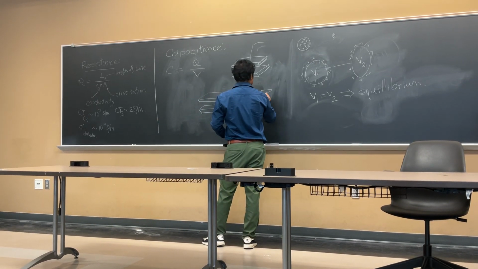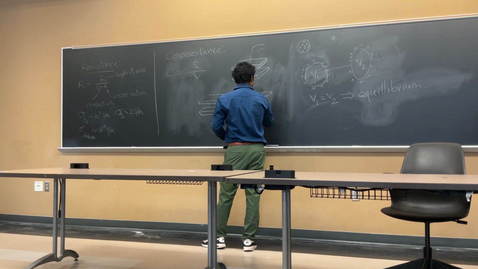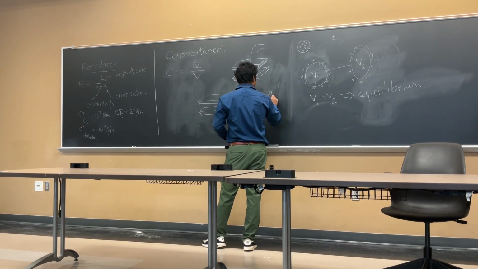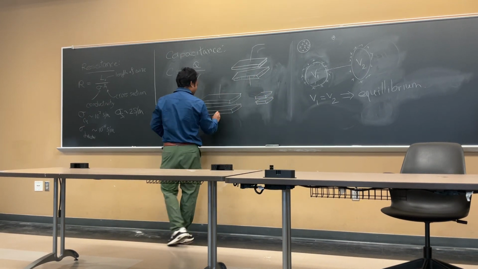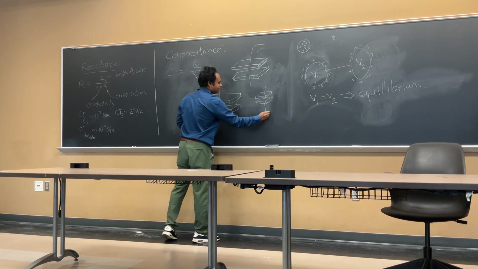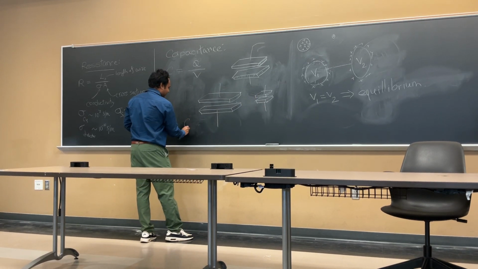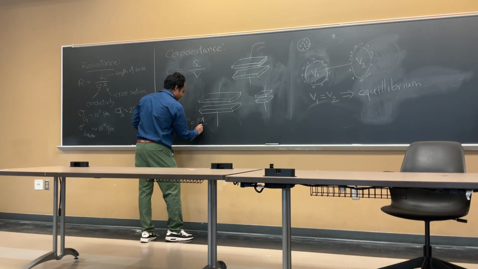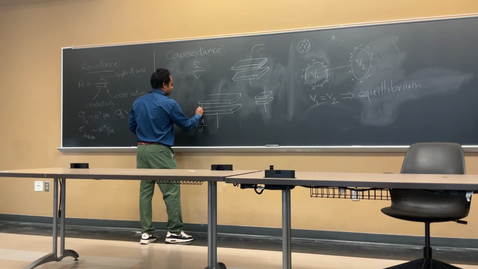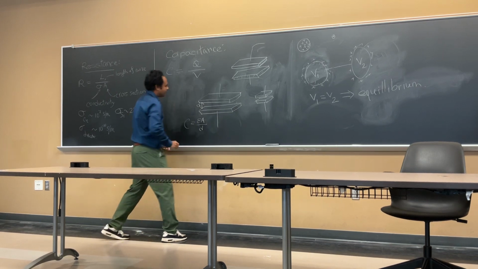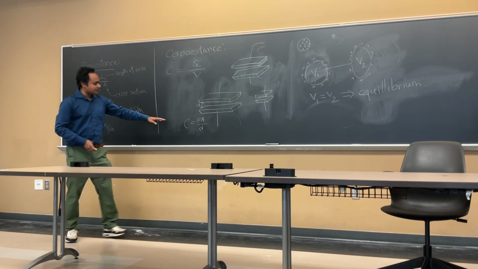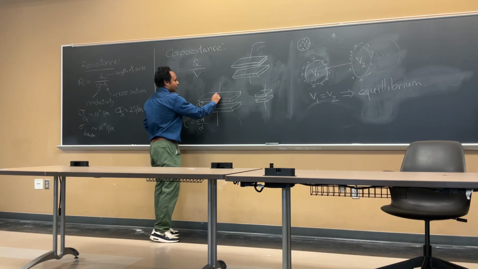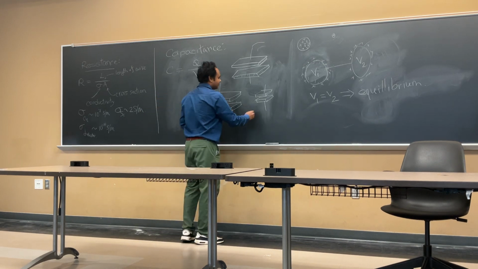So let's say this one is small, parallel plate, and this guy has a large parallel plate. So we know that the capacitance is typically defined as epsilon A over D, where D is the distance between two metal plates and A is the area of the capacitor plate.